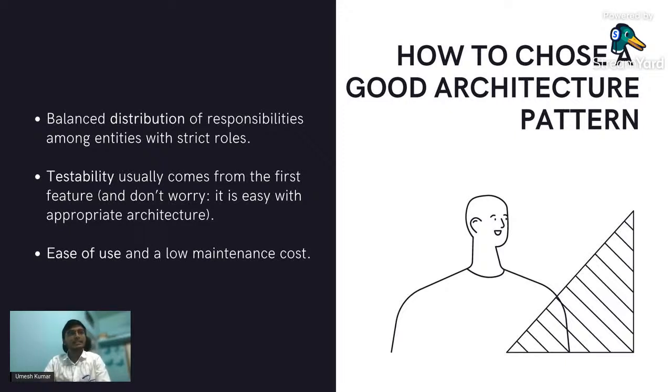As we know, for any software system, not only for applications, we need to have some test cases which will be tested in a phase of the SDLC, where a perfect application will be the output of the total process. The third is ease of use. Ease of use is not only for users, it is also for the developers, which will be helpful for them for updating in the later term.